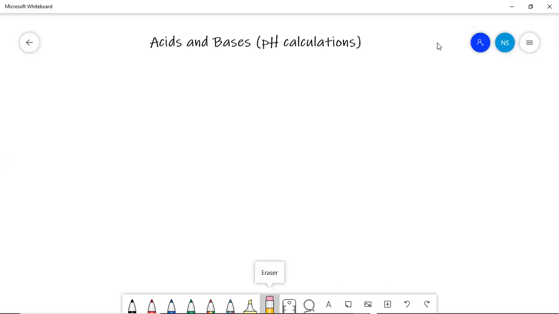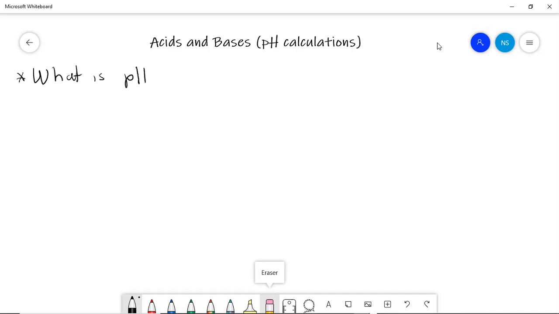Before we start with a few examples of pH calculations, I would like us to look at the term pH. What is pH? The first thing that I want us to study here is pH as a term.